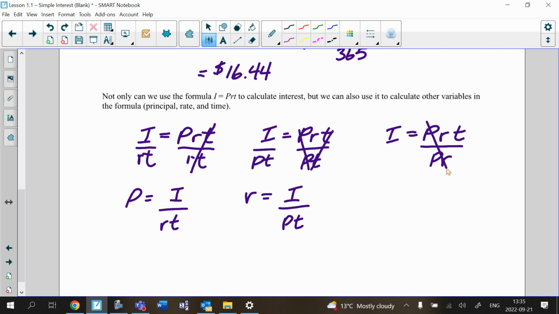Every time you do an assessment, you will be given a resource sheet, meaning you can put whatever formulas on it you want. You can write whatever notes on it you want. So right now, I would make sure that whenever you make a resource sheet, this formula goes on it, and these three formulas go on it.